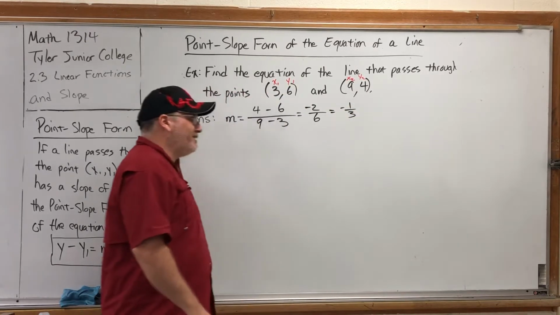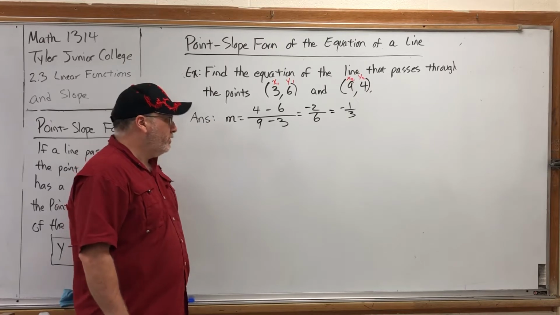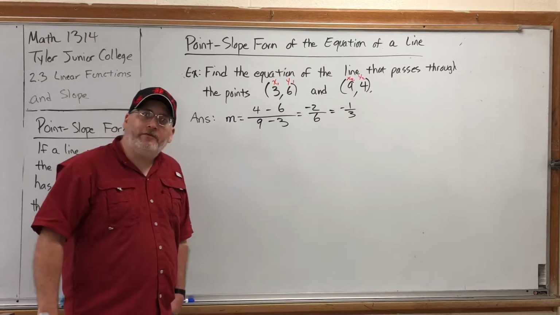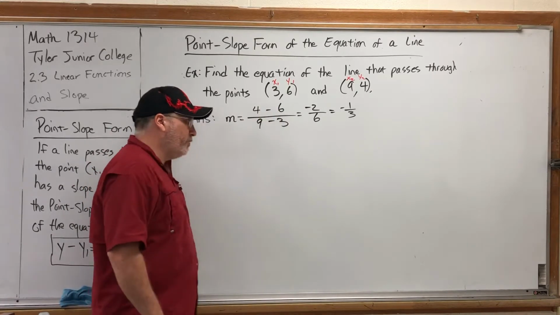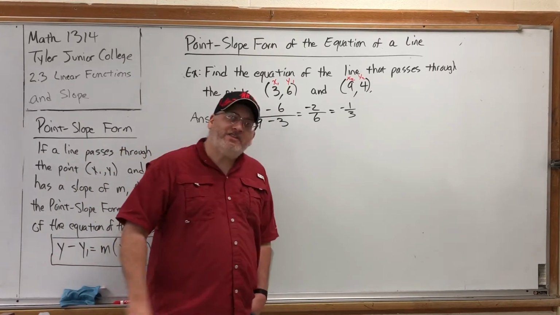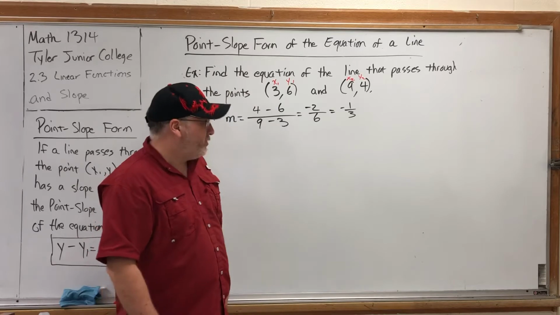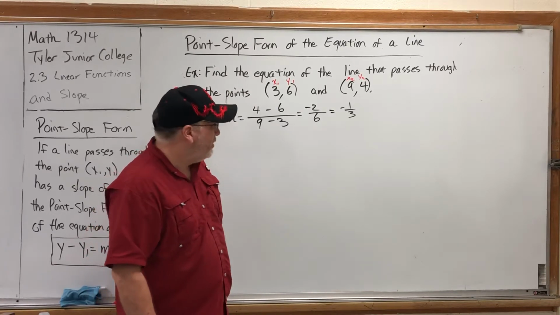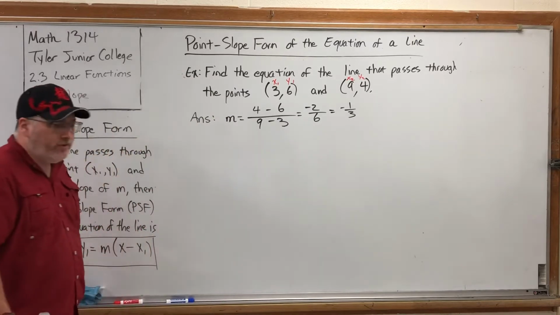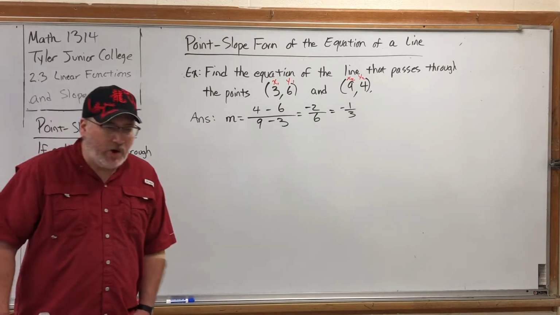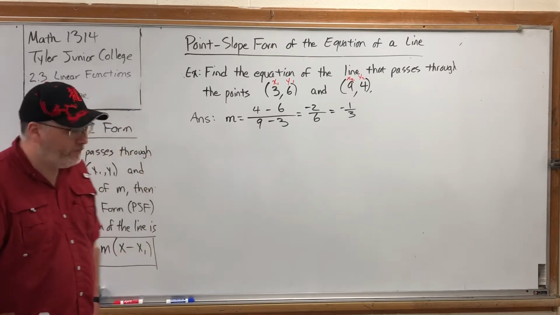And again, it doesn't matter which we called the first point or the second point. Had we switched them, the subtraction problems would have been backwards. The 2 would have been positive, but the 6 would have been negative, so the numbers would have been the same, and eventually it would have ended up being -1/3. So the choice of who is x1, y1, and x2, y2 is completely arbitrary.